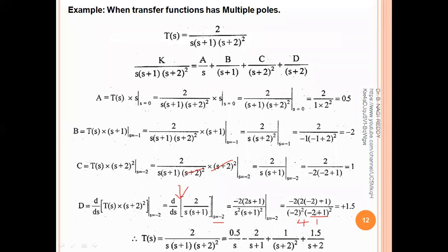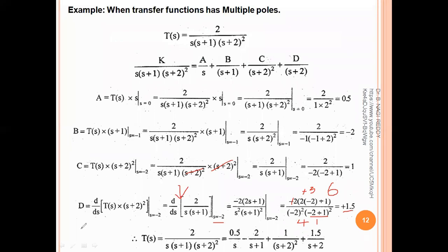So 4 into 1, in the denominator we will have 4. In the numerator, -2 into -4 plus 1. -4 plus 1 means we will have -3. So -3 into -2, this minus and minus get cancelled. So 2 into 3, we will get 6 in the numerator, 4 in the denominator. So 6 by 4, we will have 3 by 2, or 1.5 simply.